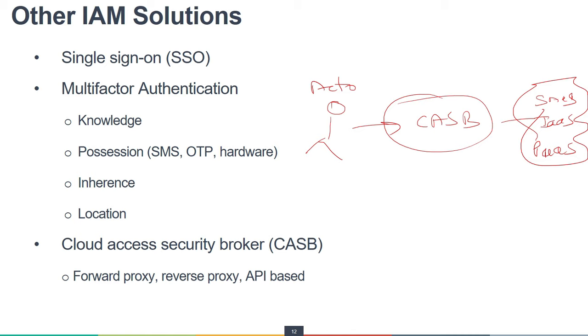Not all cloud applications provide APIs, and that is why it is a challenging task to implement the API-based CASB. Because if one cloud provider is providing those APIs and the other is not, then you may end up in cloud lock-in. That is another risk and challenge with that.